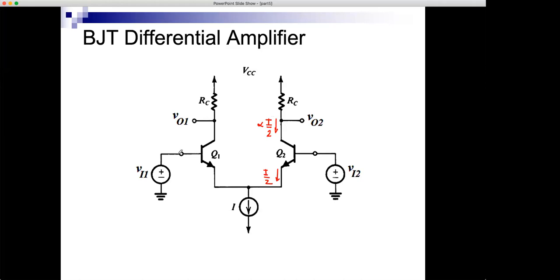If the two signals are equal, this will be a fixed DC level, will feel nothing whatsoever. And therefore, again, the BJT circuit very nicely rejects equal inputs or common inputs. But remember, Q1 and Q2 have to be matched, RC and RC have to be equal to be able to assume perfect symmetry.